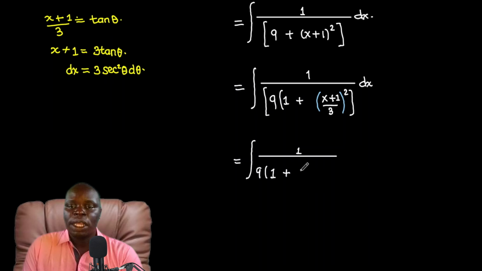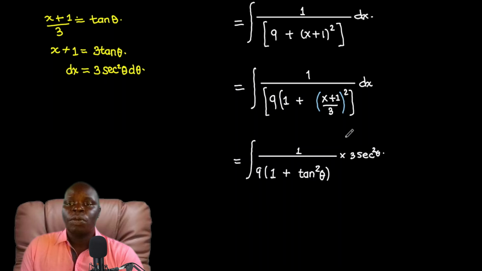Since also because it is a square term, we can also square our tan here. And we close up that bracket, and the x can be written the same as 3 secant theta.